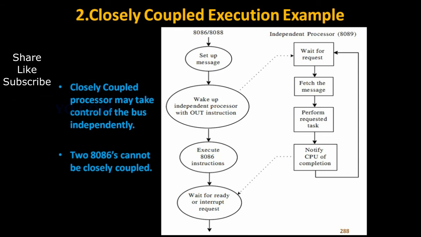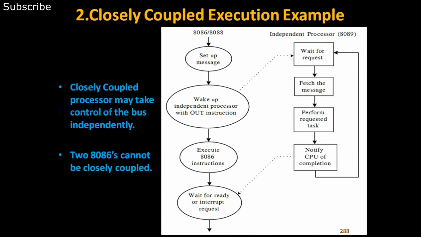Then the wait for request is completed. Now the information is received by the independent processor. Then it fetches the message and performs the requested task. After that, it notifies the CPU of completion. That means the work is completed, and that information is given to the CPU. This is one cycle.